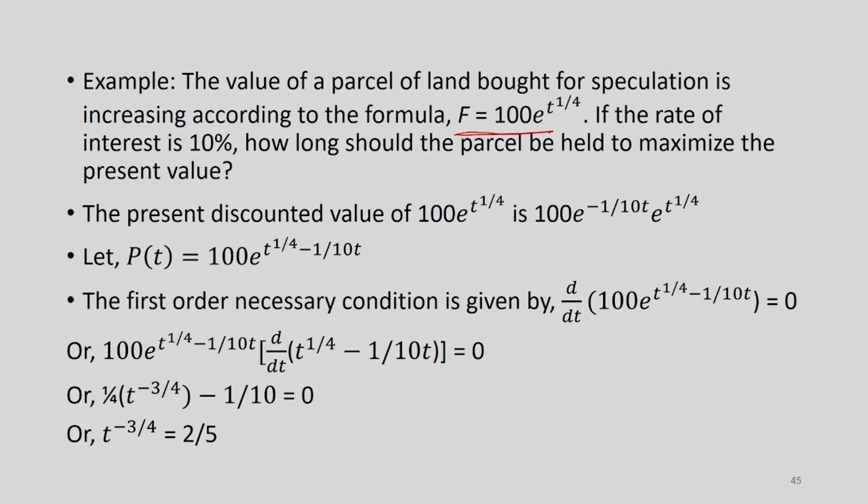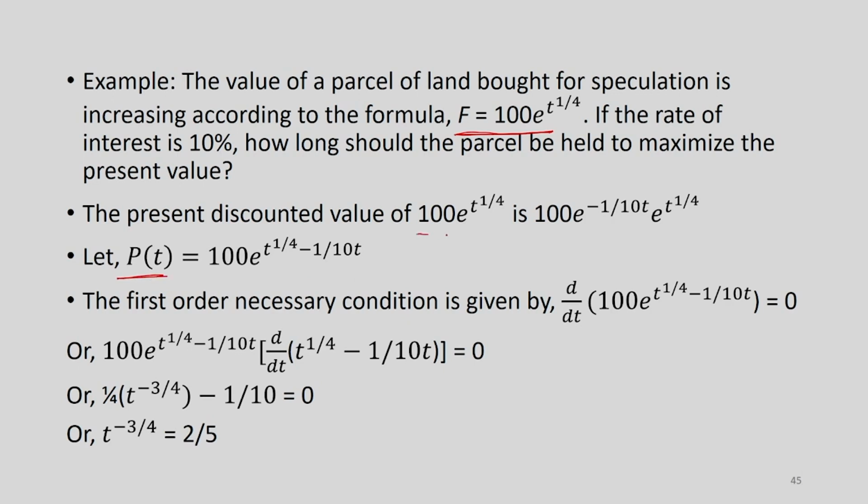Now, the first thing we need to do is to find the present discounted value of this, because right now this is not the discounted value, this is the current value of the land, right, at that point of time where we are looking at the value of the land. So, first thing to do is to find out the present discounted value. Let the present discounted value be given by P of t.